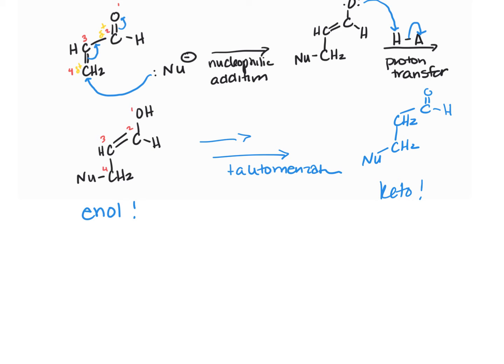Now, there's a few things to be aware of here as far as naming. When we talk about this, if a carbon nucleophile adds by a conjugate addition, which is what we're seeing here, and forms a carbon-carbon bond, that process is called a Michael addition or Michael reaction.